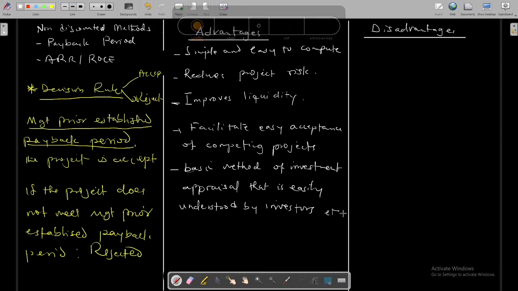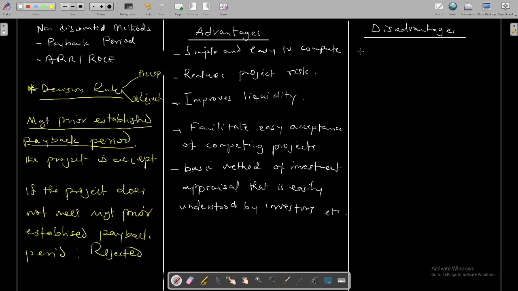So when you look at the payback period, you realize that it is easy to understand because it's simply the time that it takes a project to recover its initial investment. So investors are able to understand the payback period.